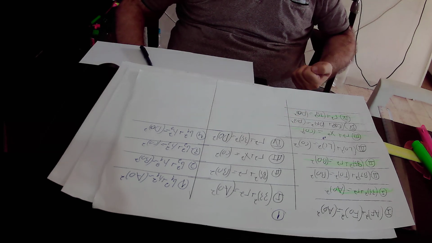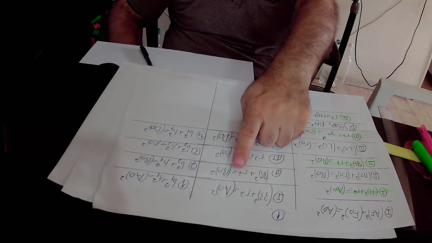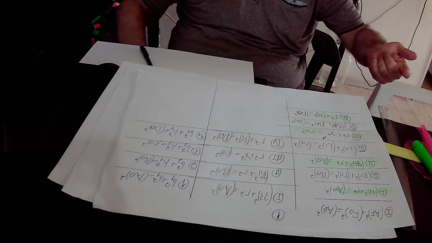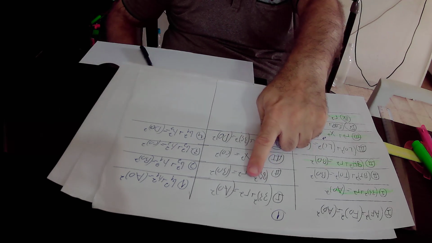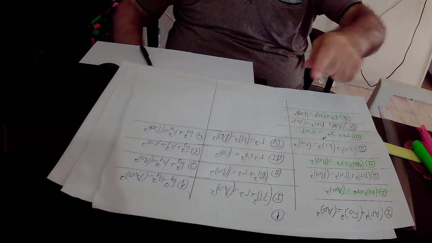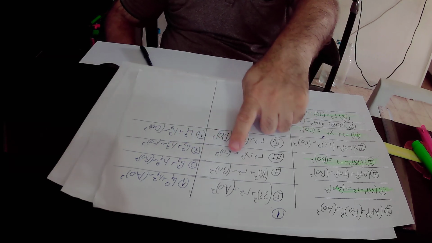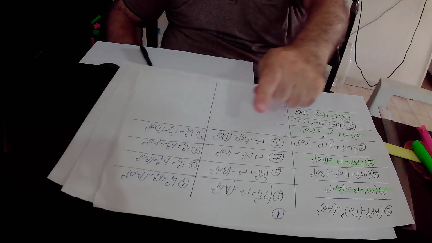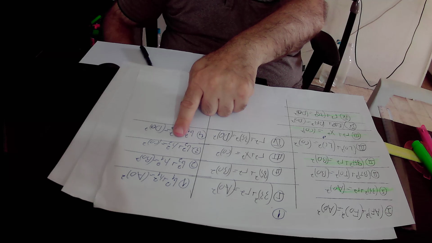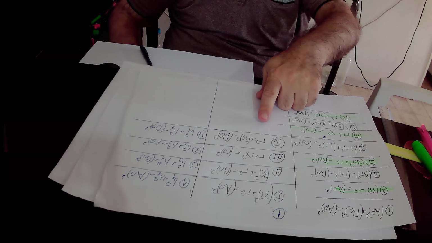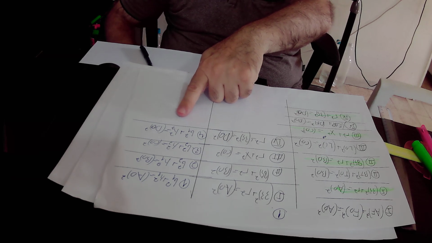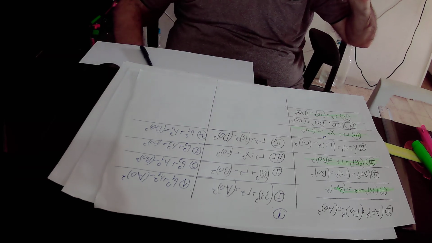Therefore, we can write down that AO square according to this equation must be equal to AO square according to this equation. Here BO square according to this equation must be equal to BO square according to this equation. Here CO square according to this equation must be equal to CO square according to this equation. And finally, DO square according to this equation must be equal to DO square according to this equation.